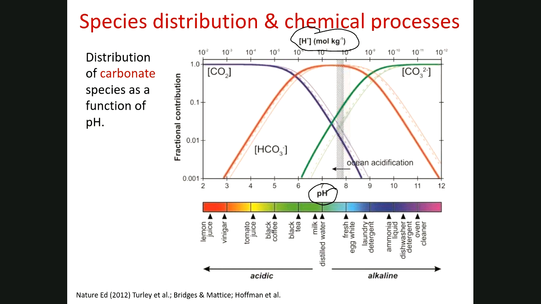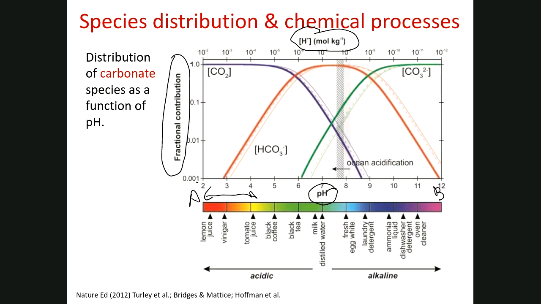Here I have the pH scale from more acidic to more basic. And here I have what we call the fractional contribution, which goes from 0 to 1. It is the proportion of carbon in that particular species, in that particular form, at that pH.